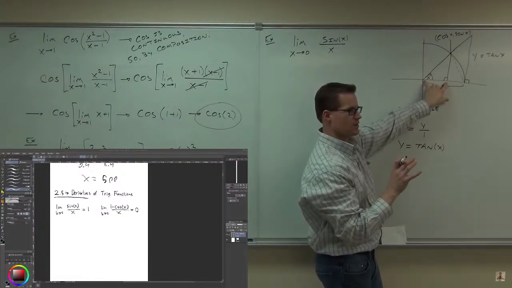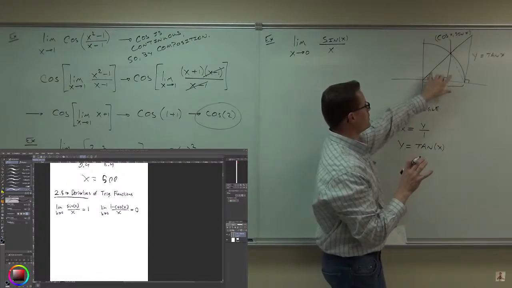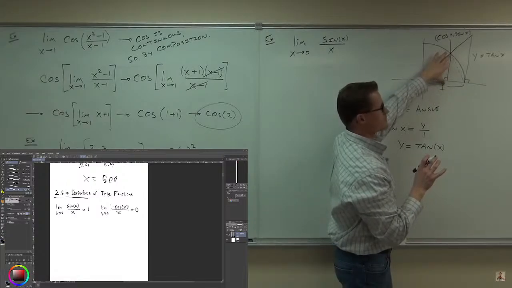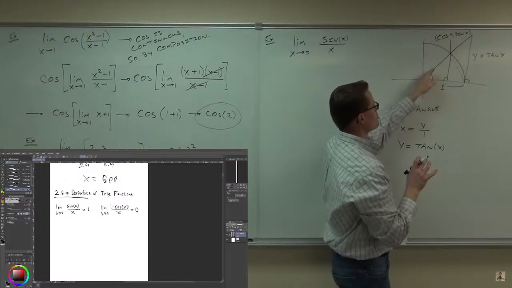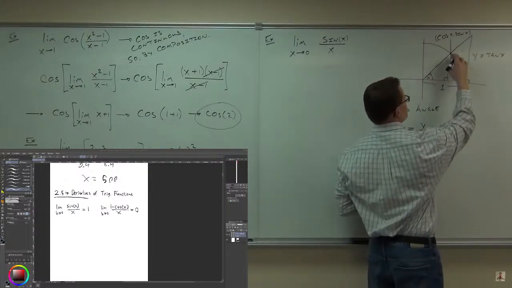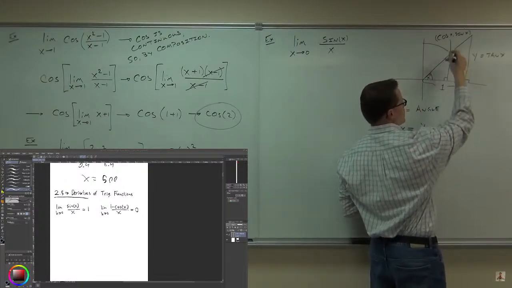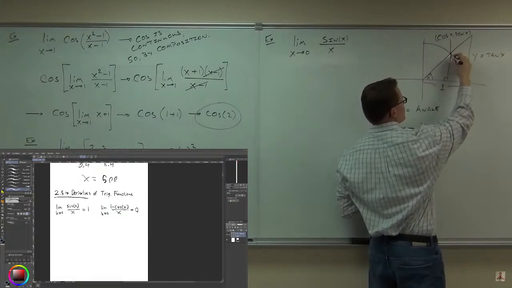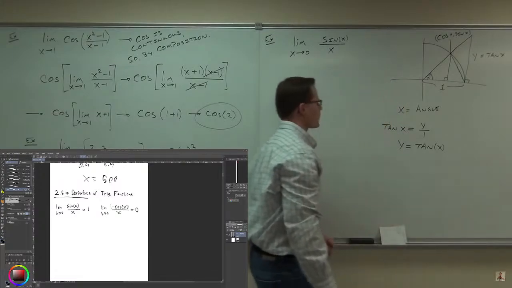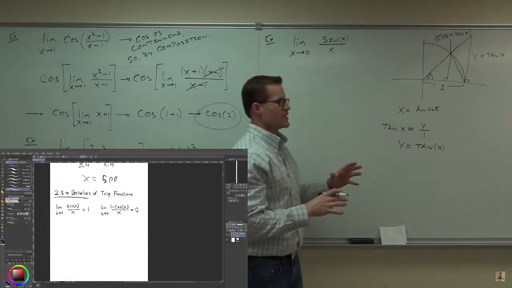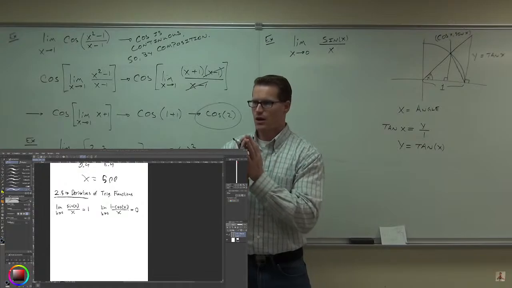Do you agree? That means that our y is actually sine x. Right? Now, also, we're going to be looking at this one gives our height, but also this one, that triangle right there. What we're going to be doing is comparing the areas of these triangles.